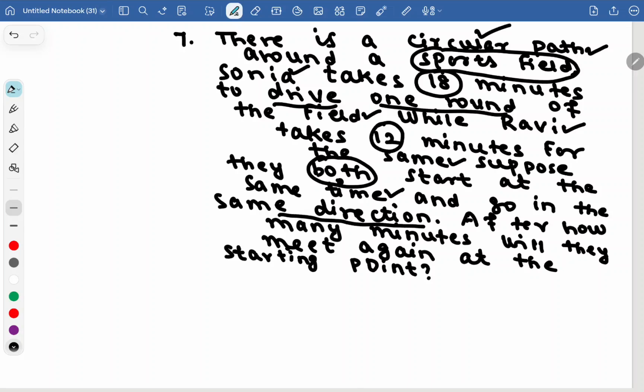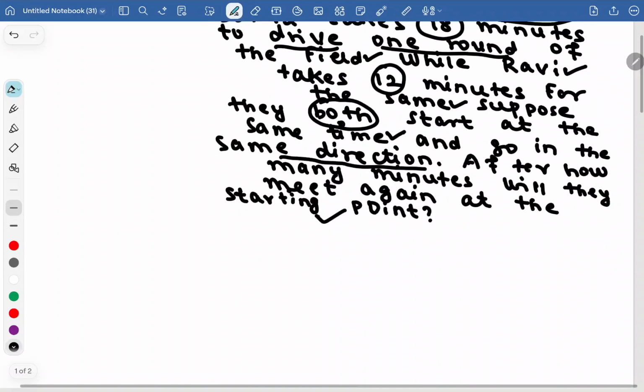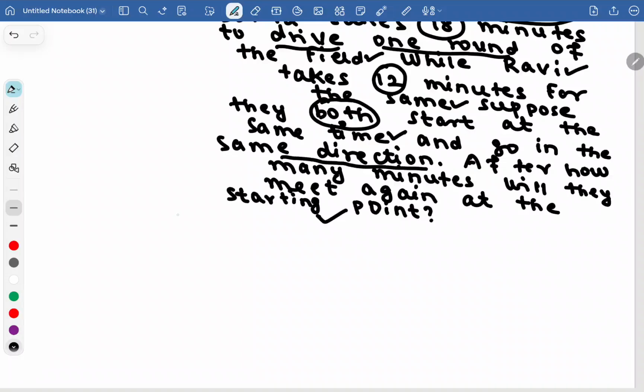After how many minutes will they meet once again at the starting point? Solution. Circular path. If I take A as Sonia and B as Ravi, they start in this direction.